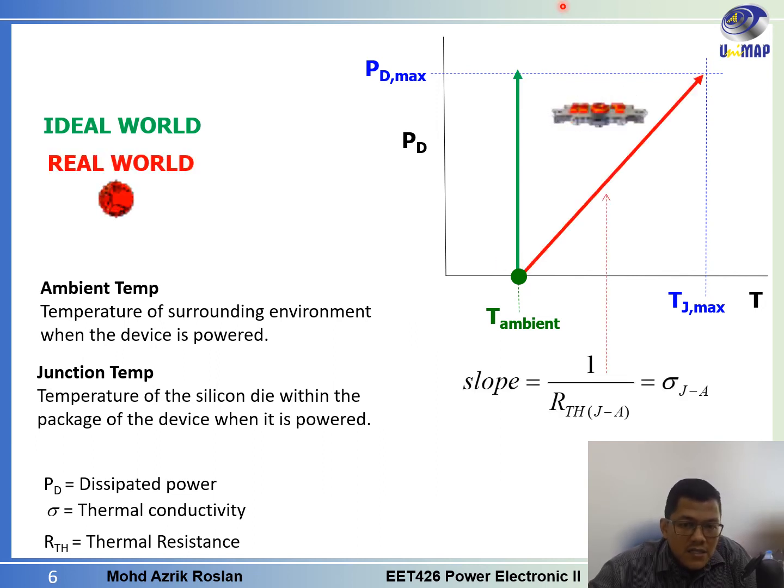But in actual fact, when we have the dissipated power, the junction temperature also increases. When the power dissipated is increased, it will contribute to the increase in the junction temperature. The higher the power dissipated, the higher the junction temperature.